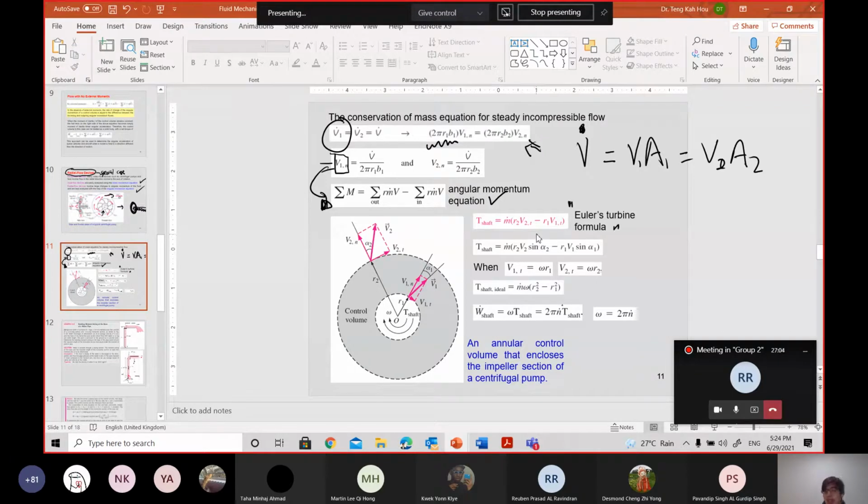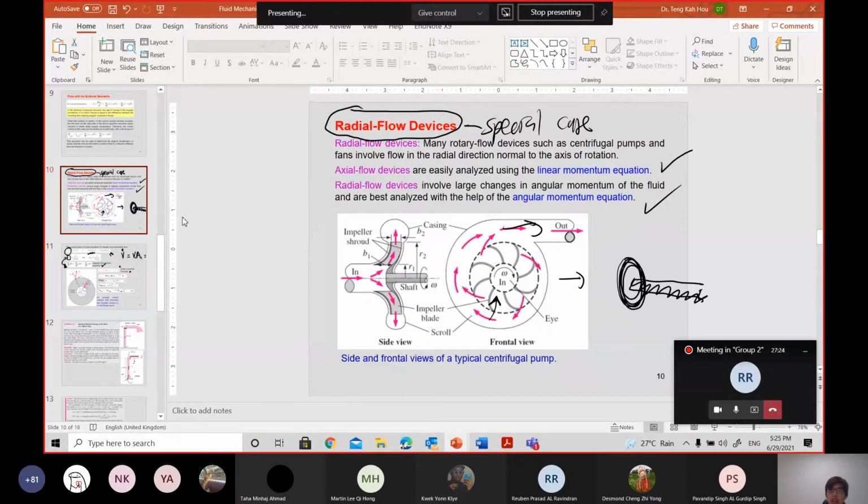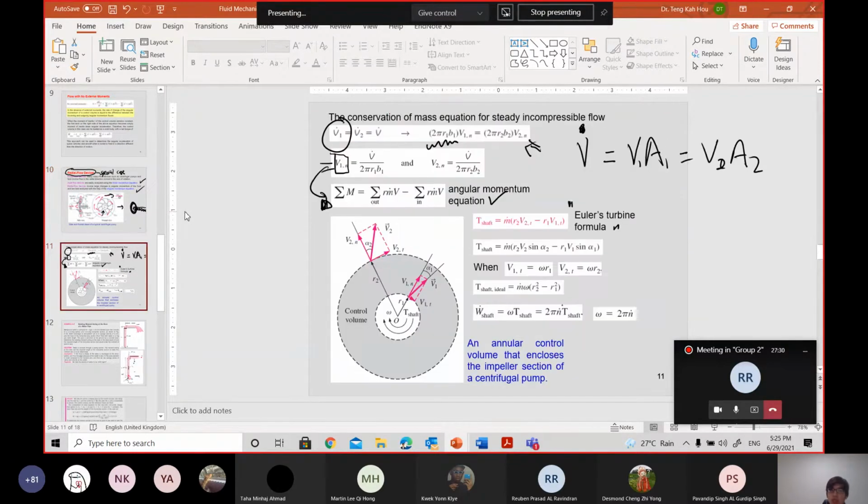It's the same concept, because they are going to use your mass flow rate times R2V2 minus R1V1. And of course, the angle is very important, depending on what kind of energy directions you are referring to. I'm going to go through some examples later, so don't worry. So get the concept ready.